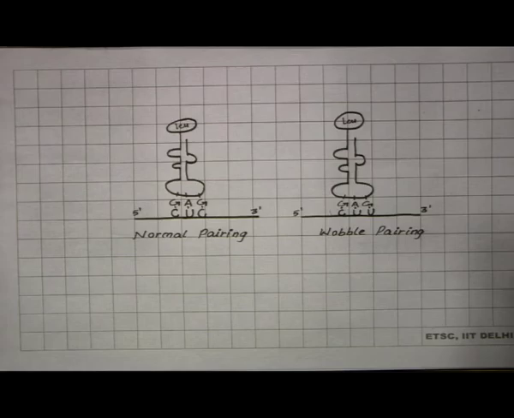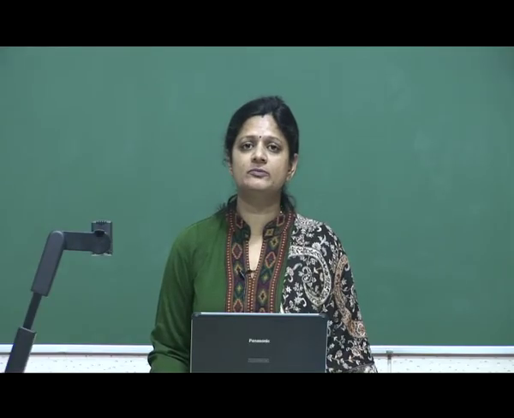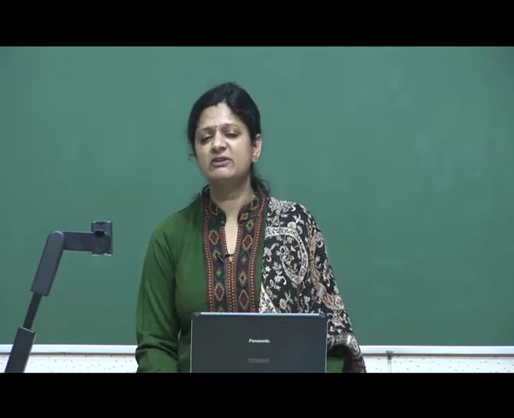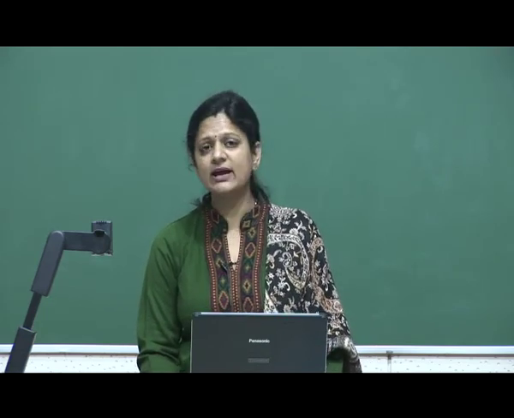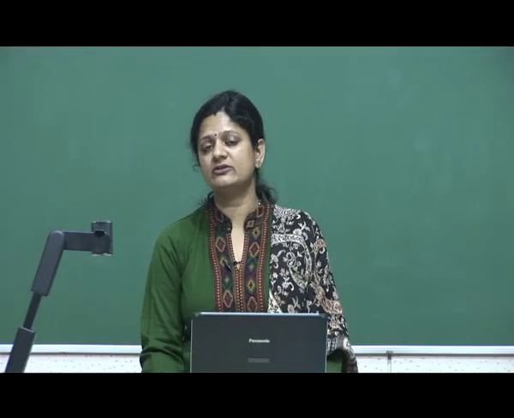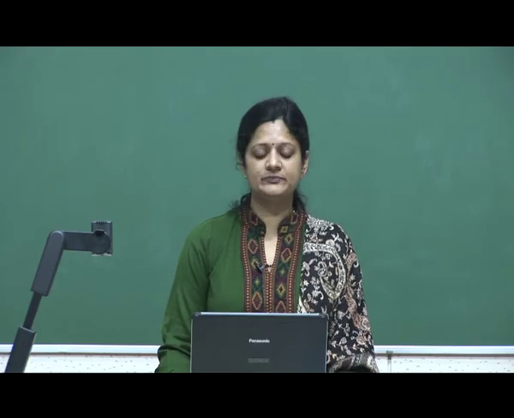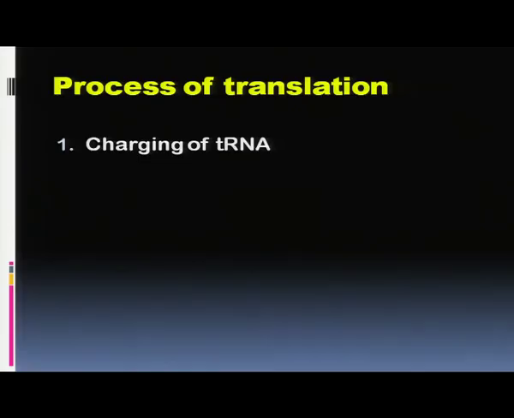So, I think the features of the triplet codon genetic code must be very clear to you. Moving ahead, the process of translation: how protein synthesis is started, elongated and then terminated. Translation is completed in different phases.